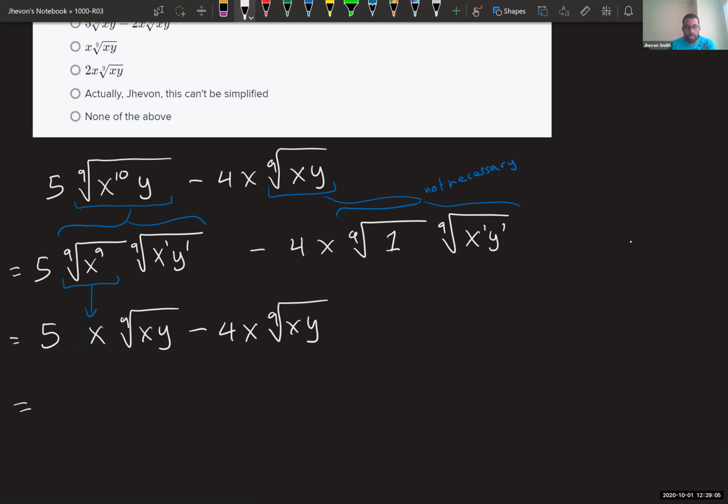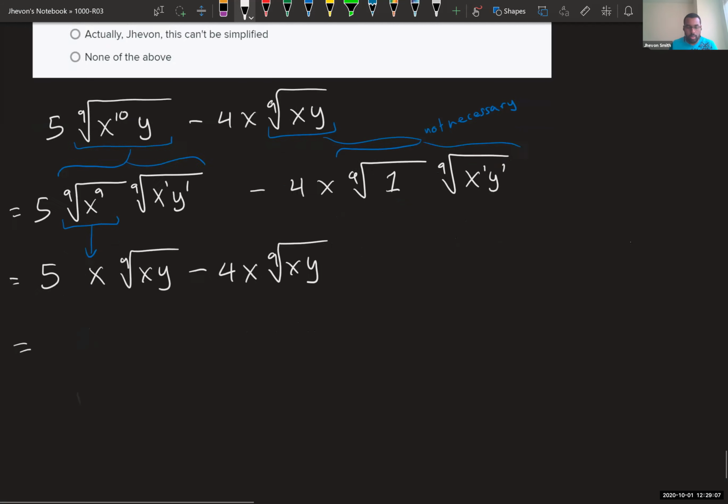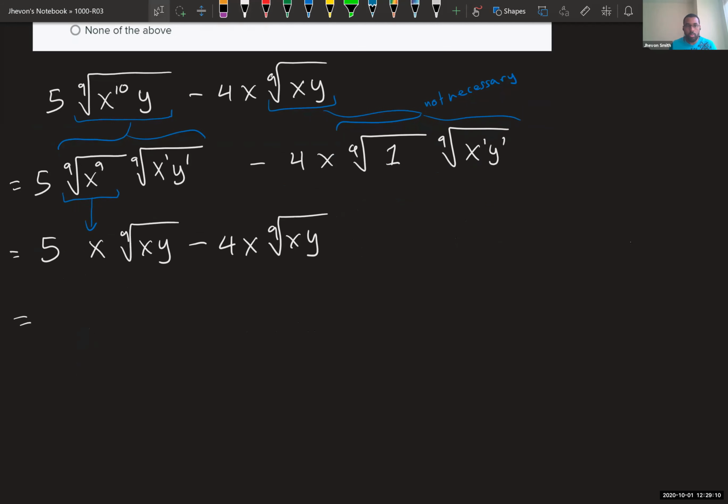Subtract 4x from 5x. Or sorry. Yeah. So what would you get? I mean, this whole thing is the same, right? So if let's say I call this A and call that A, what I have is 5A minus 4A.